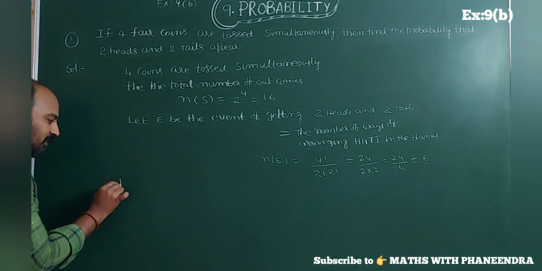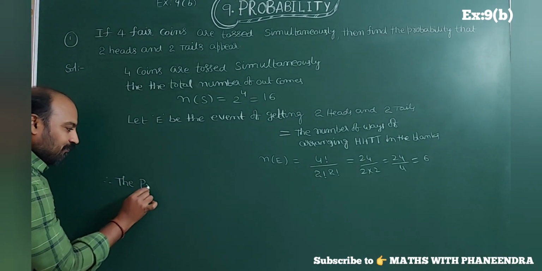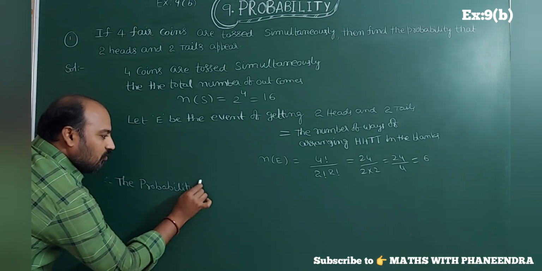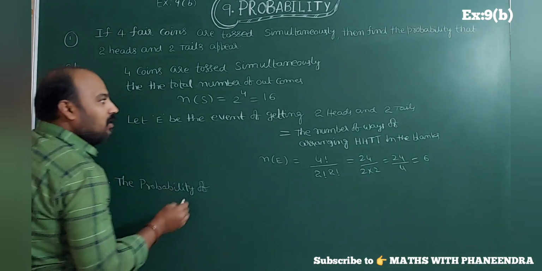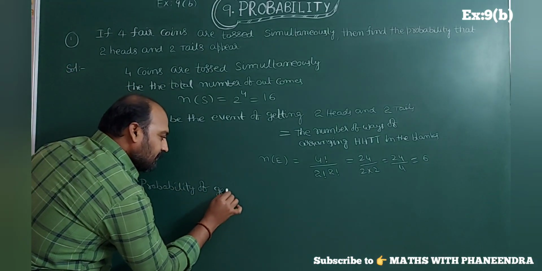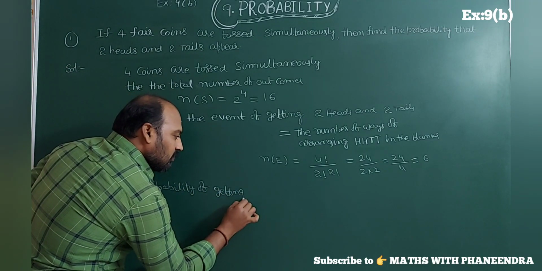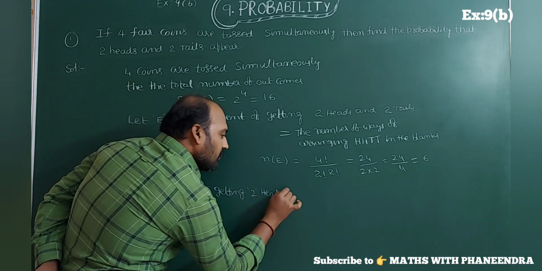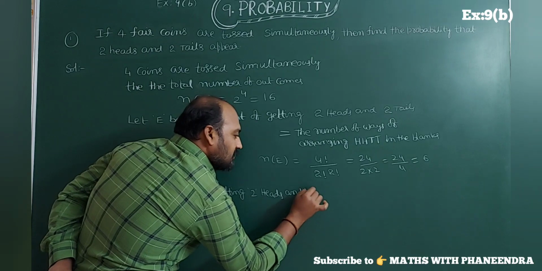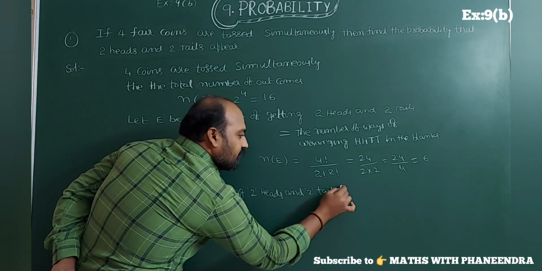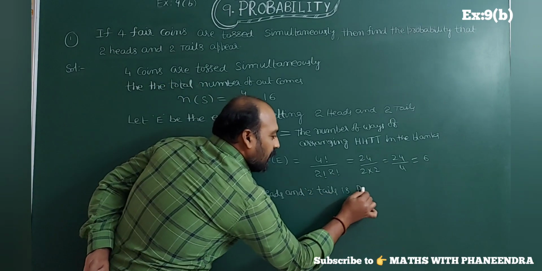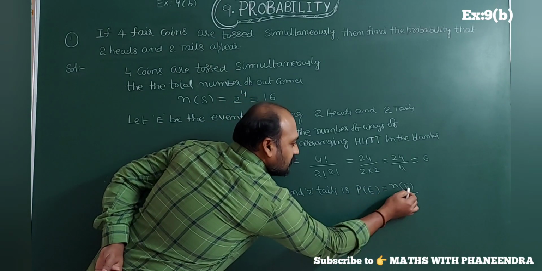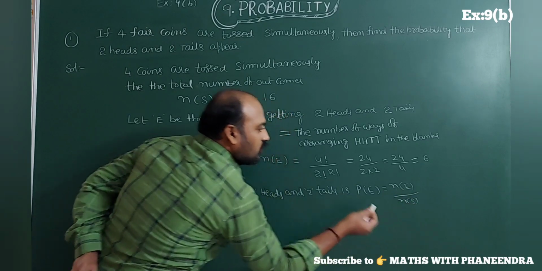Therefore, the probability of getting 2 heads and 2 tails is P of E equal to n of E by n of S. What is n of E?